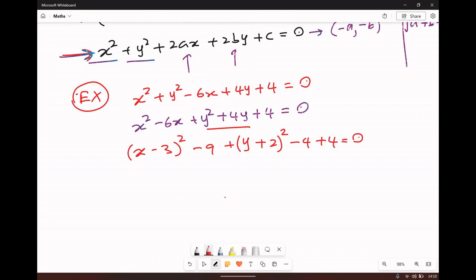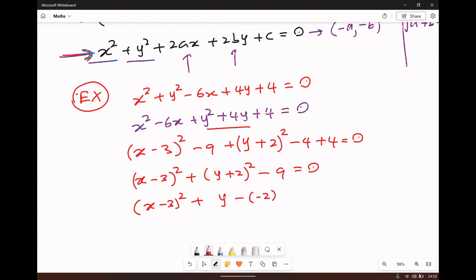Okay, so then we get (x minus 3) squared plus (y plus 2) squared, and then minus 4 will cancel out. Here we get minus 9. So then we get (x minus 3) squared plus (y plus 2) squared is equal to 3 squared.